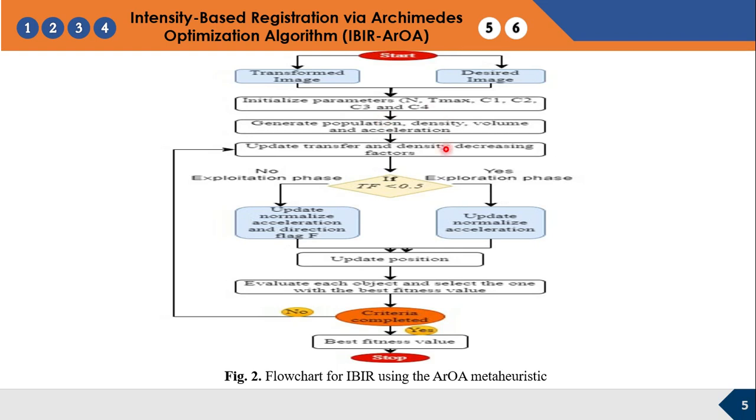And step 3, update the densities and volume of an object. Step 4, calculation of the density factor and transform operator. Steps 5 and 6 represent the exploration and exploitation phases respectively, in which the object's acceleration is updated.